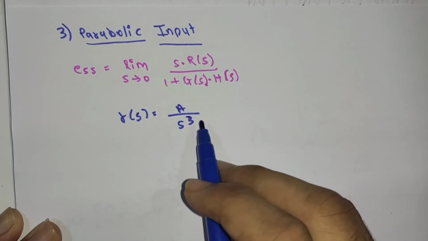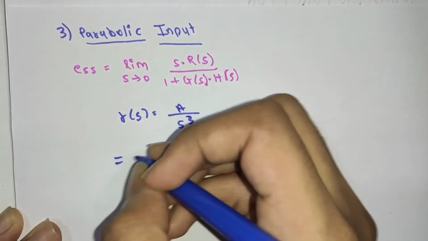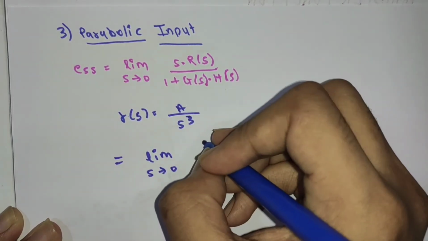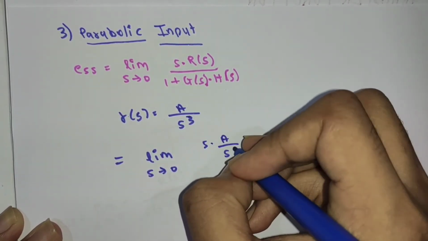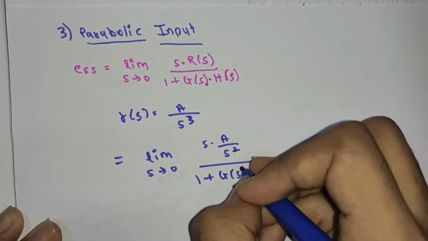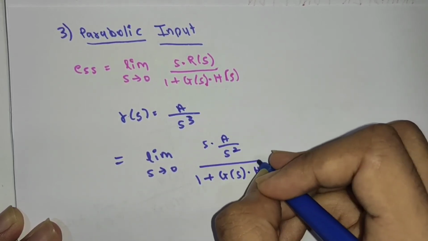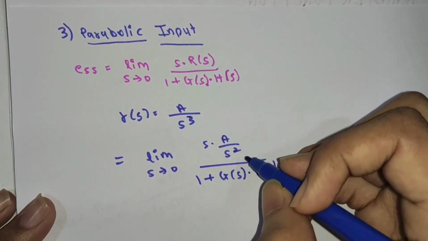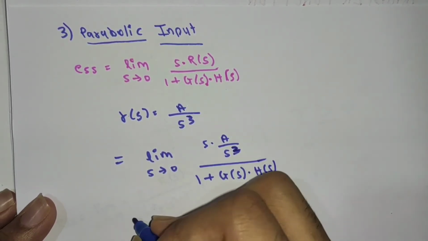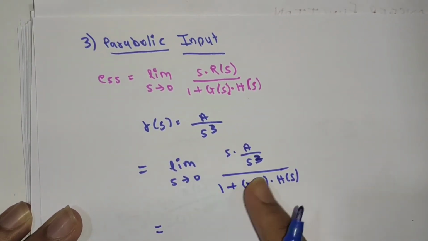Okay, and now I'm gonna substitute this value in the numerator. So it will be limit S tends to 0 S into A by S cube, and in the denominator it's 1 plus G(S) into H(S).